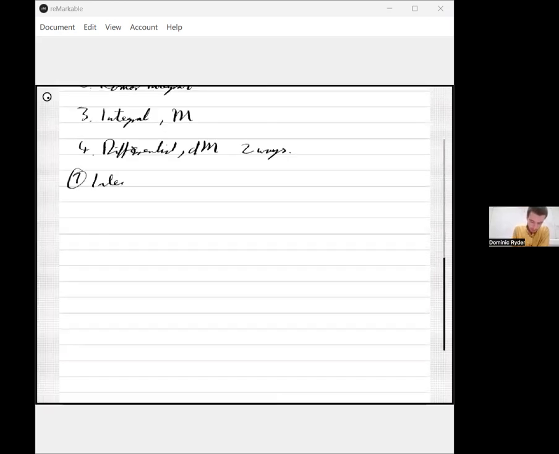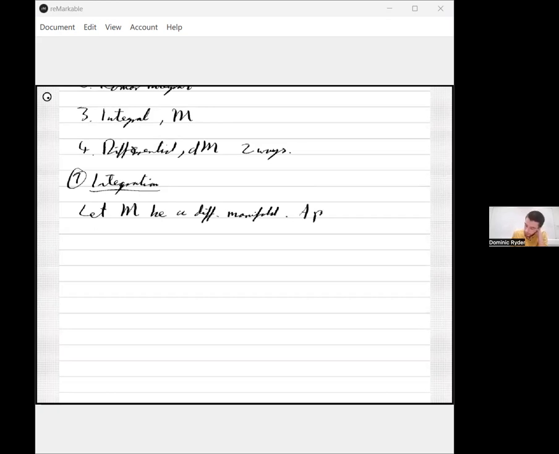Section. Let M be a differential manifold. Then a P form on M is an antisymmetric (0,p) tensor on M. Then we define the exterior derivative of a P form.